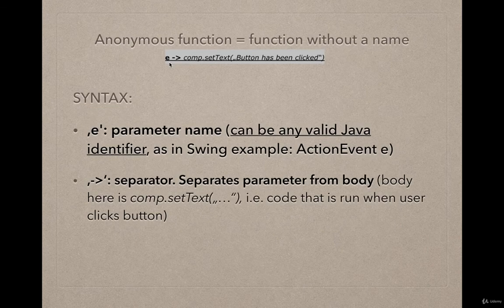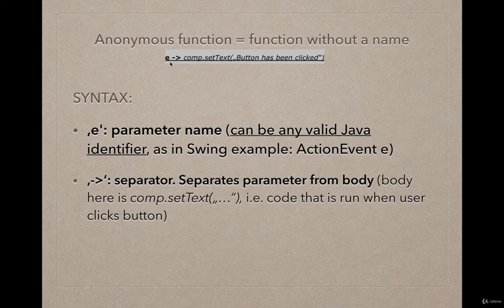Okay, so let's look at our example. This is our example from the Swing example. Let's look at the syntax. What does this stuff mean? The e is a parameter name, as in the Swing example, ActionEvent e. The arrow here is a separator. It separates the parameter from the body.